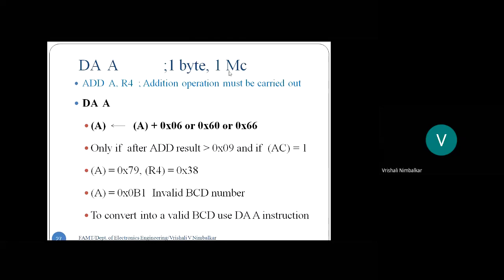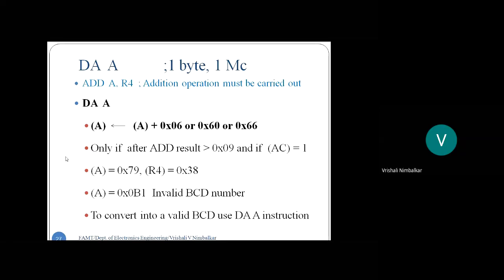Hence, there's addition of 6. Okay, students, so whenever the result is greater than 9, it means skip the 6 digits. If there is an auxiliary carry, it also means skip the 6 digits. Auxiliary carry has occurred means the number is greater than 9. So when any of these two conditions is satisfied, we add 6 to it. And hope you all have got why 6: to skip the 6 digits A, B, C, D, E, F.